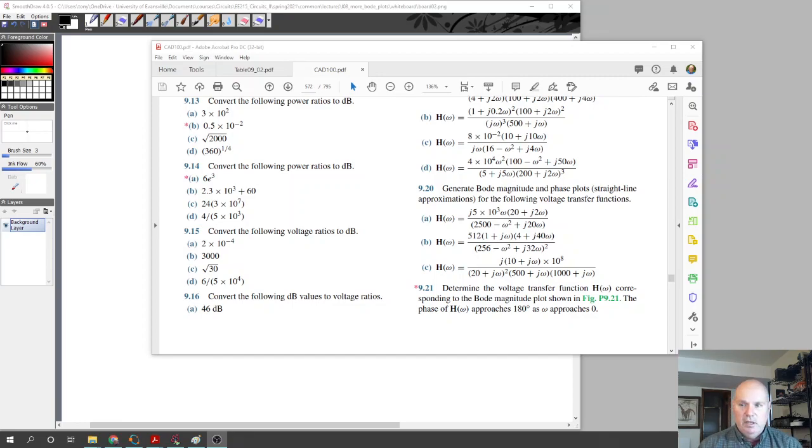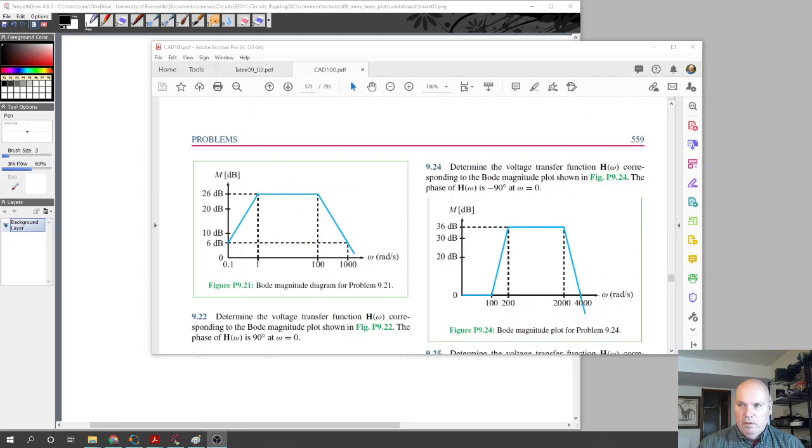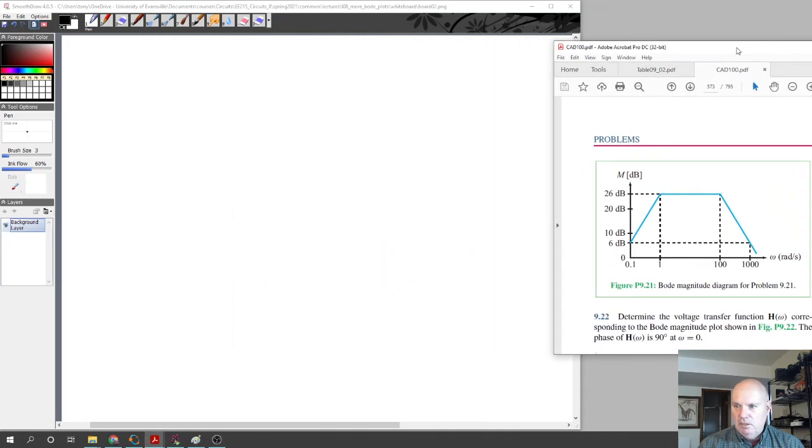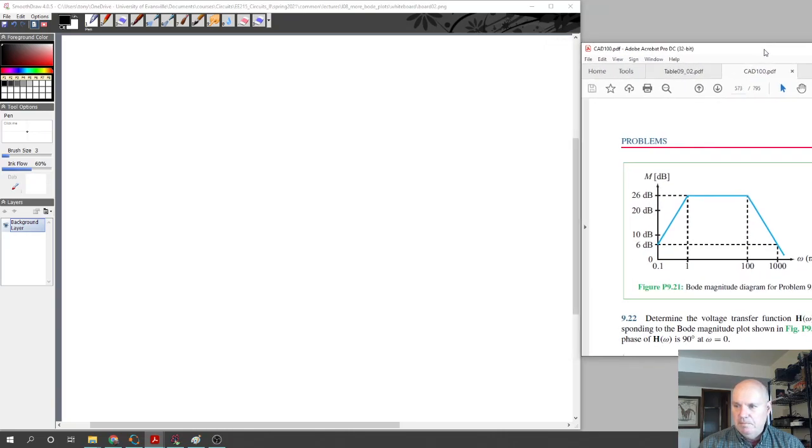that corresponding transfer function. So in problem 9.21 here, it says determine the voltage transfer function H of omega corresponding to the Bode magnitude plot shown in this figure. Figure's on the next page. So that Bode plot looks like this. Let me drag it over here to the right of my screen so that I can see it.